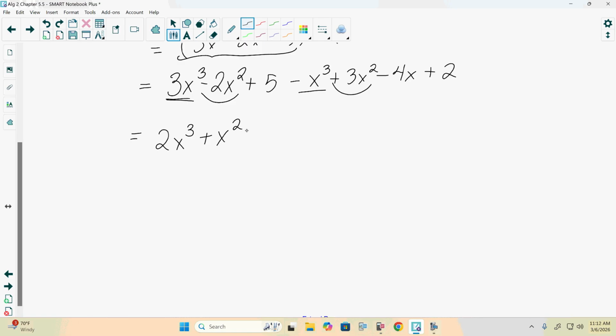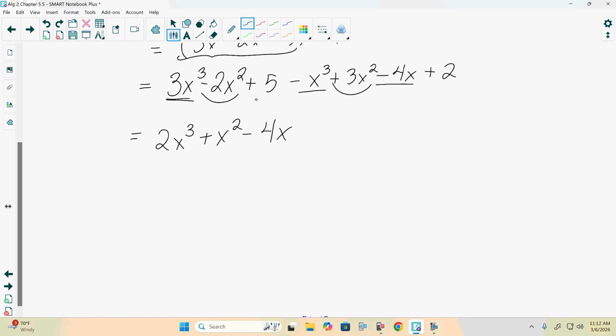Now our next one would be our x to the first power, or just x. And there's only one term in this expression that has x, so it's just going to stay. Nothing to combine with it, nothing to simplify with it, it's just negative 4x.